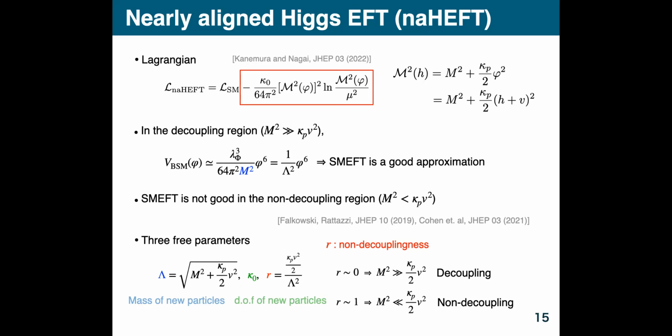So we confirmed the decoupling. What happens when we consider the non-decoupling region? It means that this second term is leading the mass of the additional Higgs. Then we cannot expand the logarithm in terms of phi because this second term is very large.